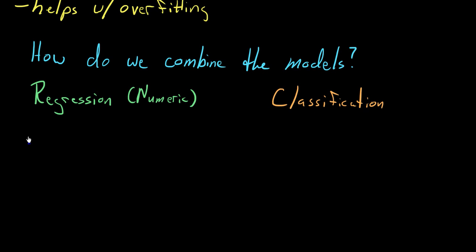So with regression, because it's kind of numeric, we sort of have the luxury of using some sort of central tendency measure. So we can either find the mean or the median. So we combine them using the mean or the median.